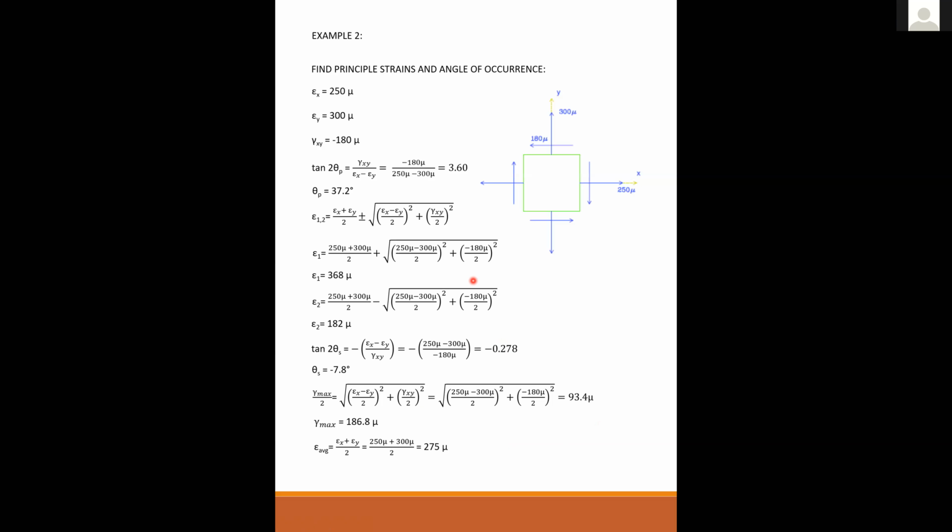Okay, any questions on that example? So gamma is like the shear strain, is that what you said? Yes, it is. The shear strain as given by the problem statement here was minus 180. See how the arrows are going away from the top right quadrant? That makes it negative.